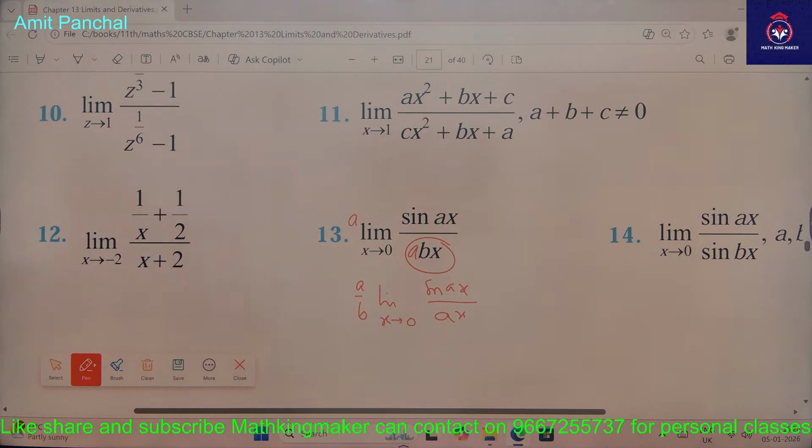It becomes 1 into ax, then dividing by bx, it becomes a by b. Sir, it's a by b again. Yeah, right. A by b again it will be.